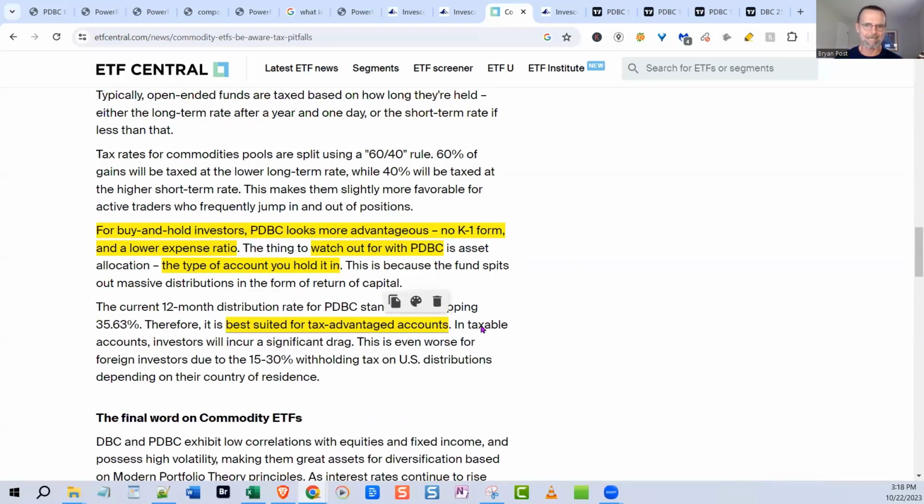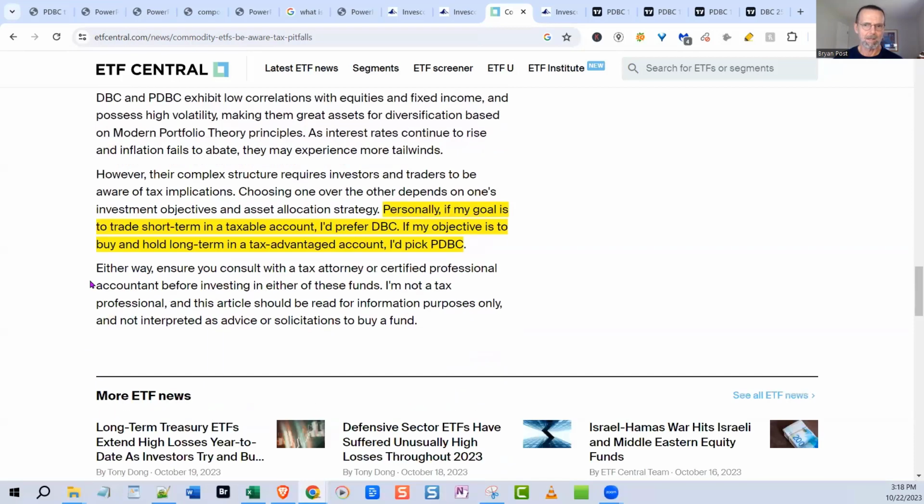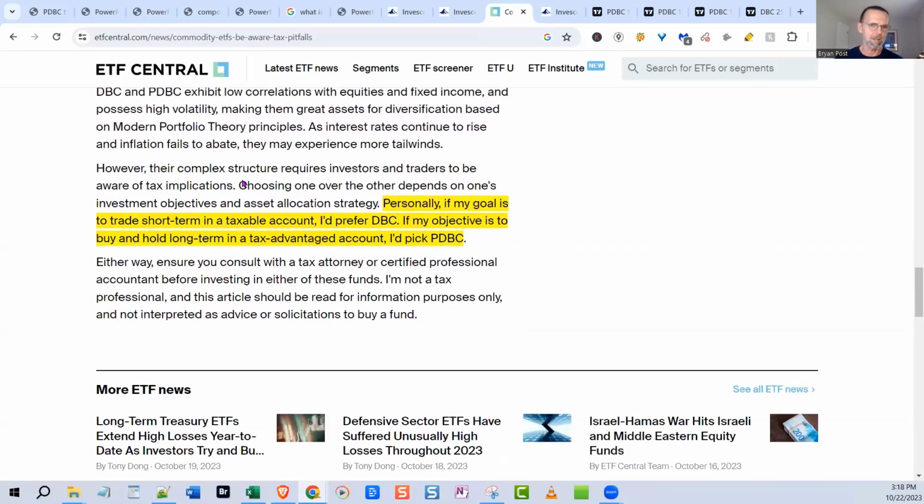Best suited for tax-advantaged accounts like a 401k, an IRA, etc. And then the author of this article is saying, trade short-term in a taxable account, I'd prefer DBC. Buy and hold long-term in a tax-advantaged account like a 401k, I'd pick PDBC.